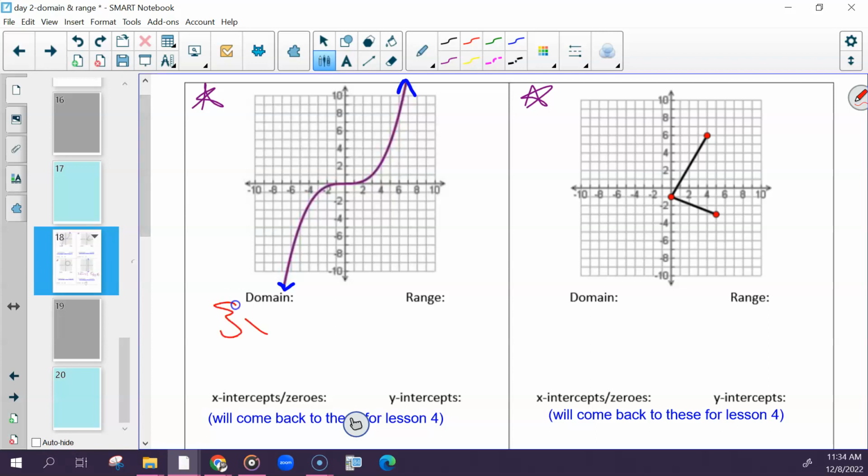All real numbers, x is an element of the real numbers. What about your range? Victoria. y is an element of all real numbers. Is this a function? Yes.